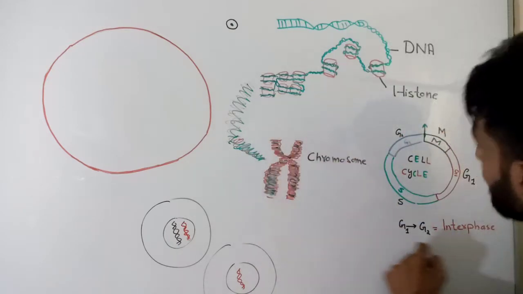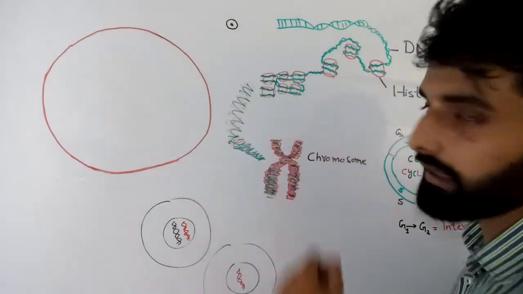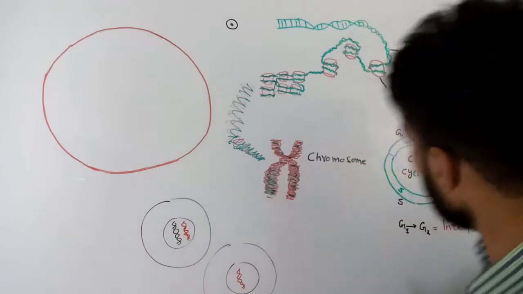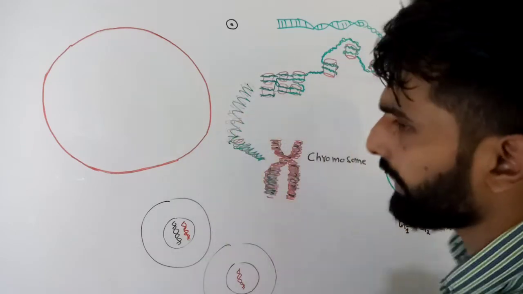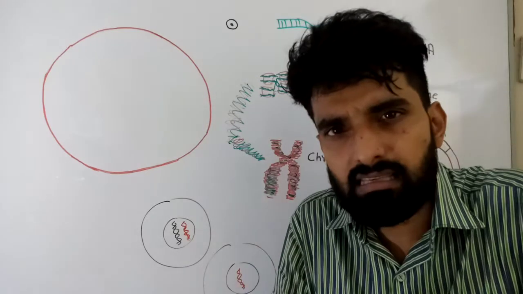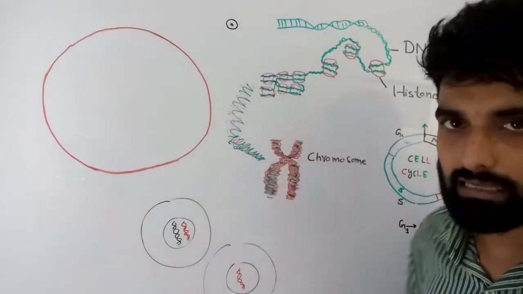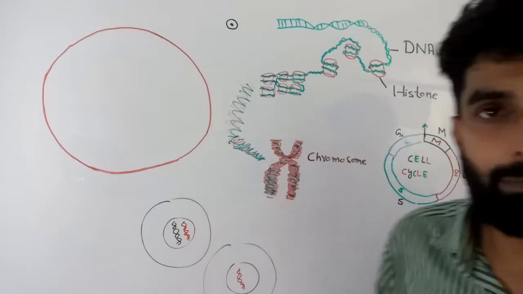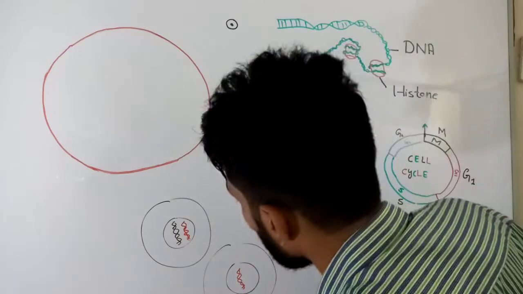So during the interphase, DNA and proteins will be called chromatin, and during mitosis, or we can say prophase, this DNA material will further condense, further compact to form this chromosome structure, and now the chromosome will be visible. Clear? Okay.